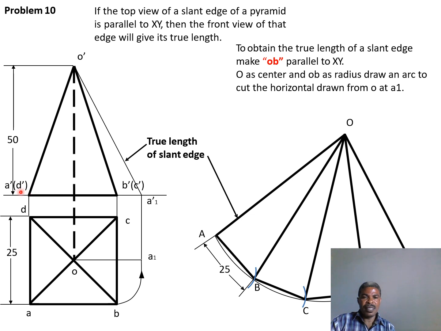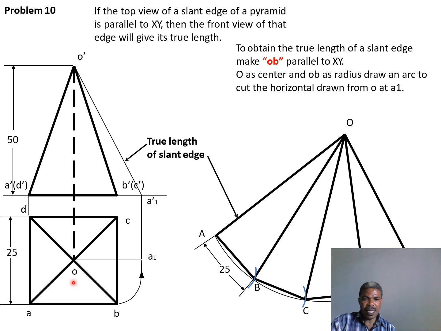So the major part or crucial point to note for this case is how to obtain the so-called true length of a slant edge. This line is very, very important in order to have the actual development for a pyramid. You need to draw first the line that is parallel to the line AB, which is one side of our base.